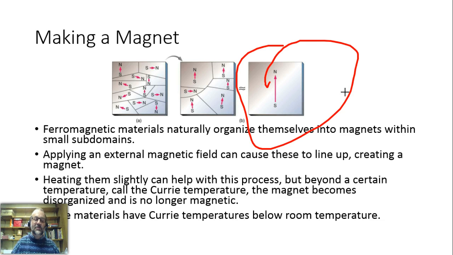For some materials, the Curie temperature is below room temperature. There are other materials called rare earth magnets that you can use to make extremely strong magnets. You can get up to 10 or 15 Tesla with a rare earth magnet, so it's a permanent magnet sitting there at that high a field.